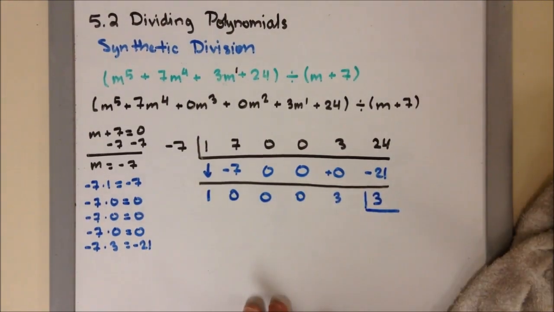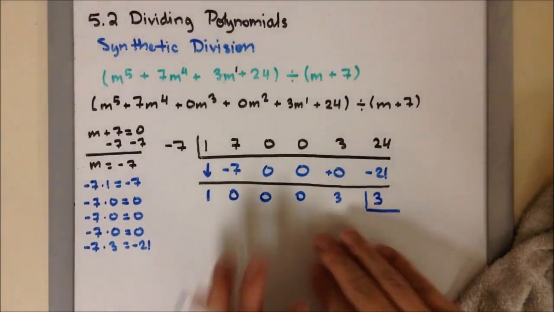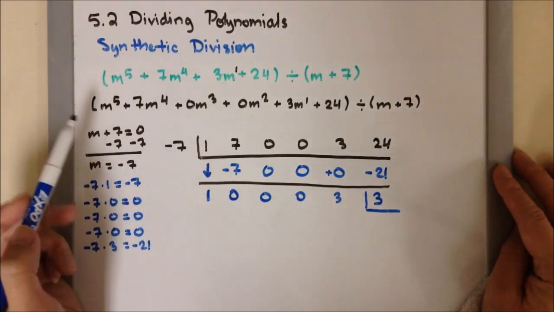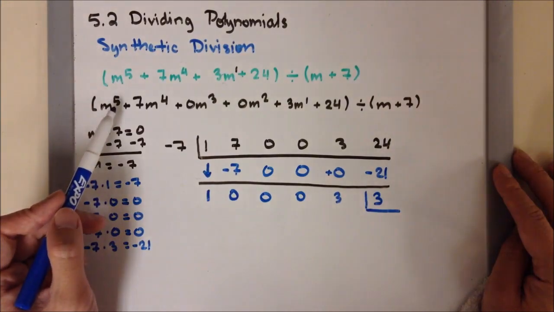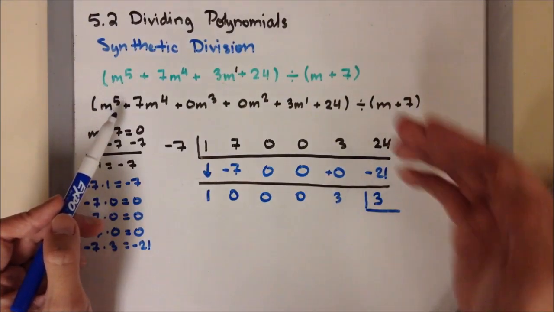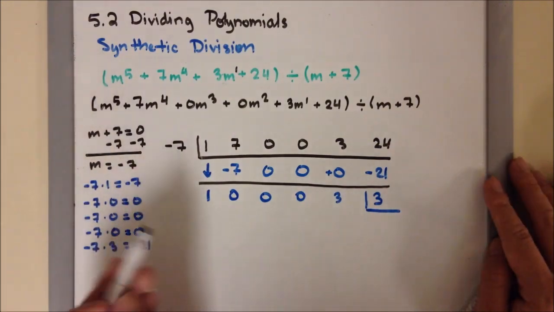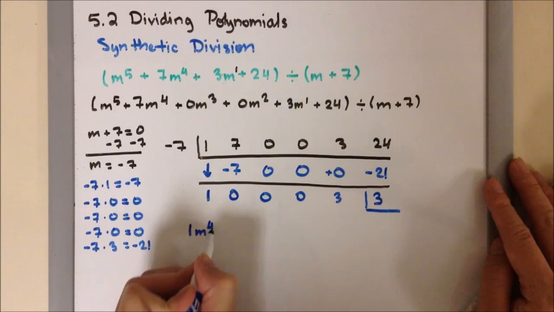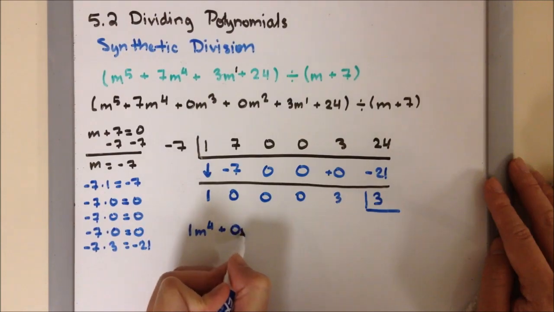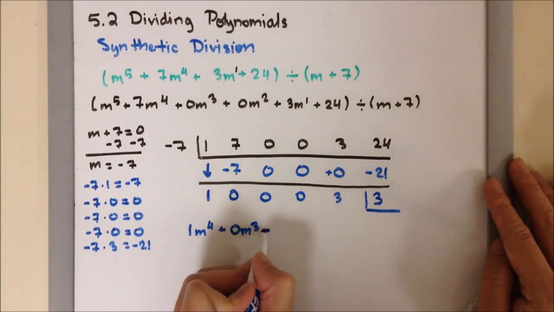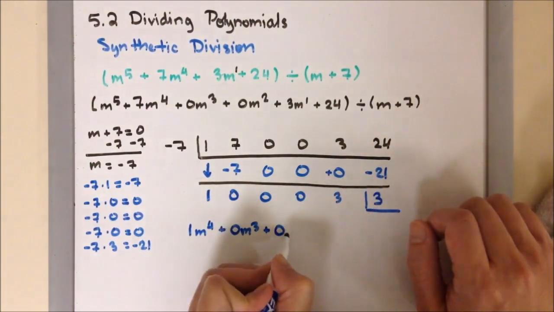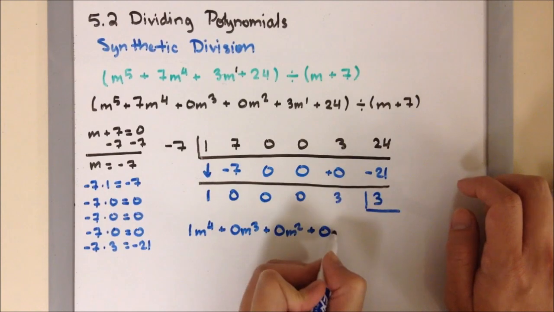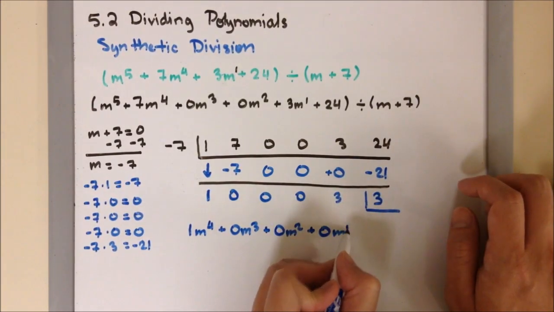So now we're going to use the numbers as coefficients and fill in for our final answer. Since I started with m to the 5th power, our answer will start with 1 less of the exponent. So 1m to the 4th power plus 0m to the 3rd plus 0m to the 2nd plus 0m to the 1st power.